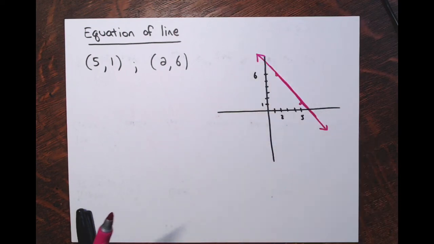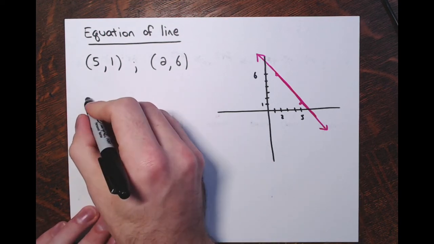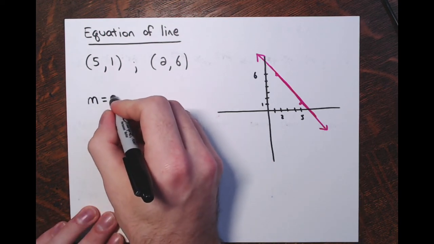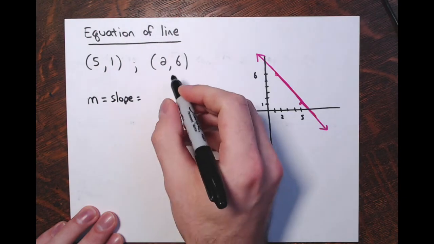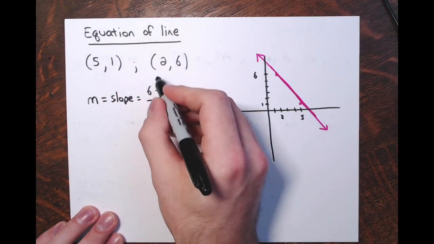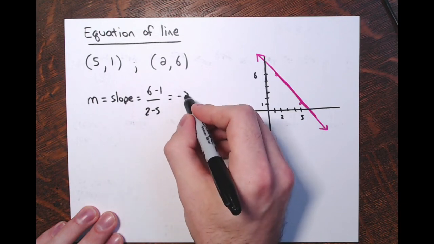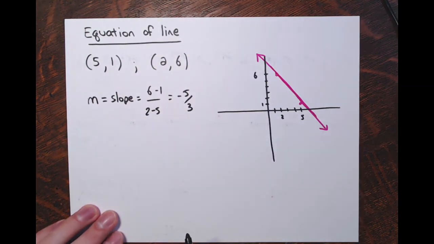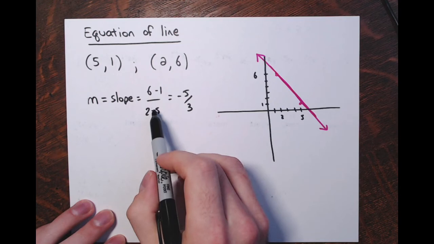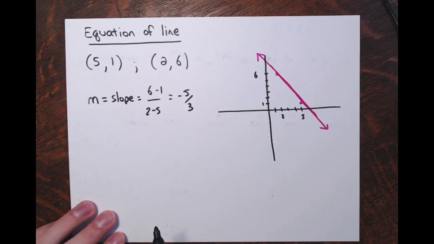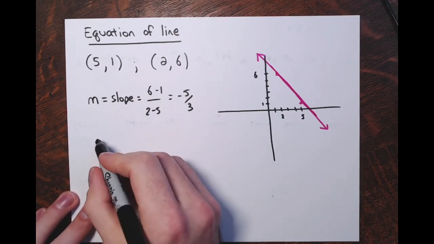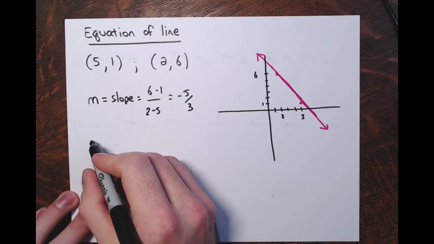Now clearly it has a negative slope, and I know you can do this. Remember, m was the slope. 6 minus 1 divided by 2 minus 5. This is negative 5/3. The slope of this line is 5 divided by negative 3. And then you can put it in point slope form.